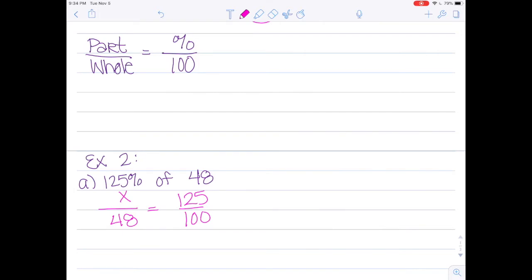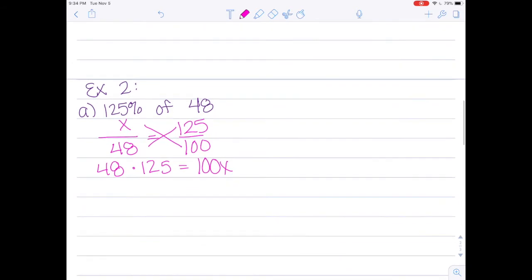So we're going to do 48 times 125 divided by 100, because we have 48 times 125 equals 100 times x. 48 times 125 divided by 100 will get us x equals 60.